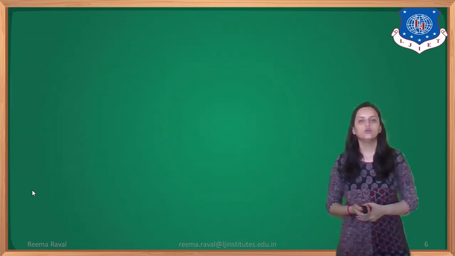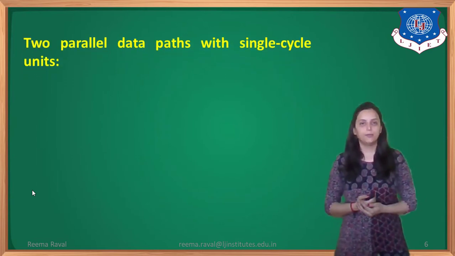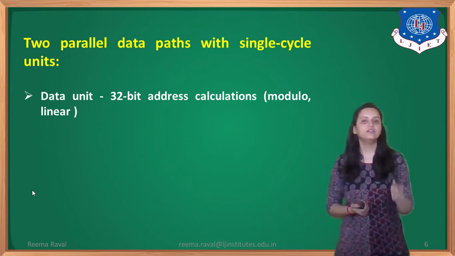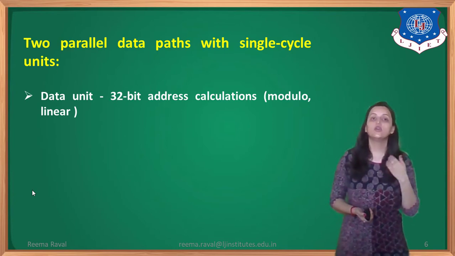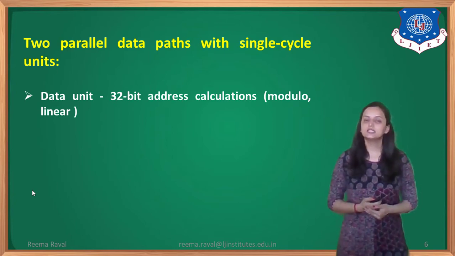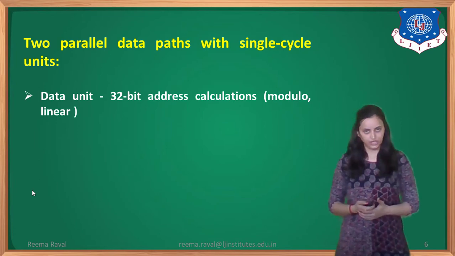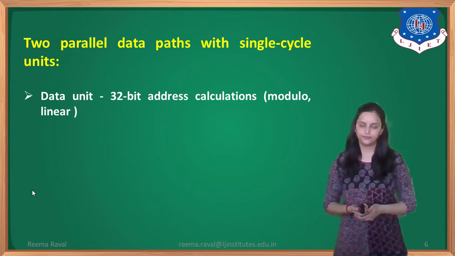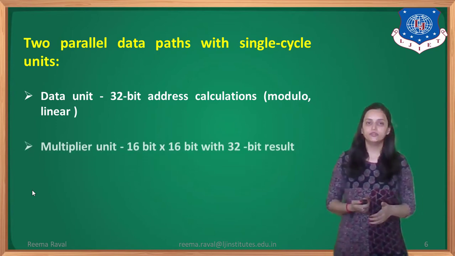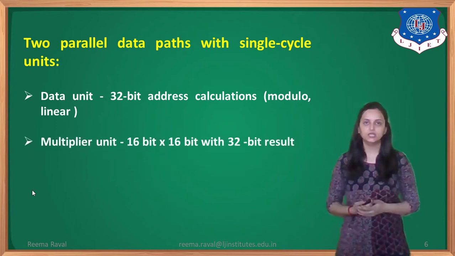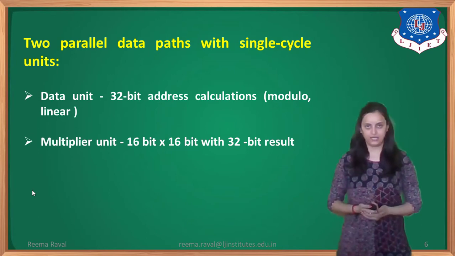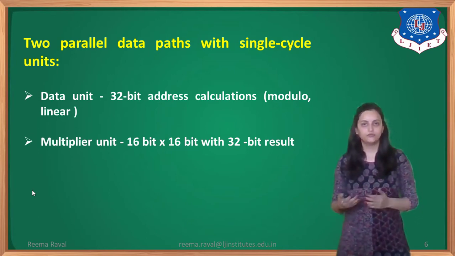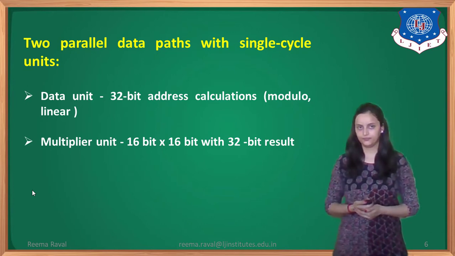The two parallel data paths with single-cycle limits are, first, D1 and D2, which stand for data unit. It handles 32-bit address calculations, that is modulo or linear operations. Next, M1 and M2 stand for multiplier unit, which is 16 by 16 bits with a 32-bit result.